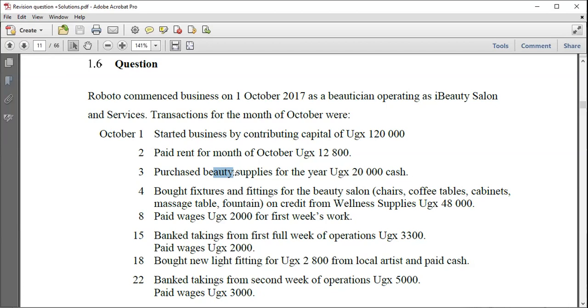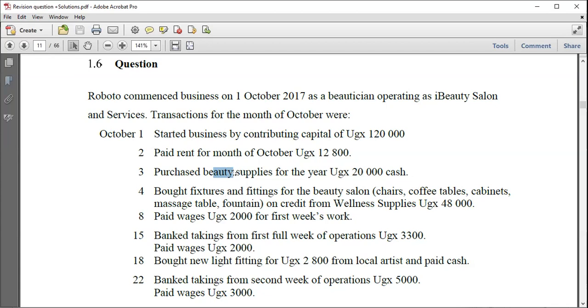Now, the beauty supplies, like I indicated, is like, let's say, inventory. Maybe this will be waves and so on. You get it? This is like inventory. So what we shall do here, it's like stock. You can call it stock.